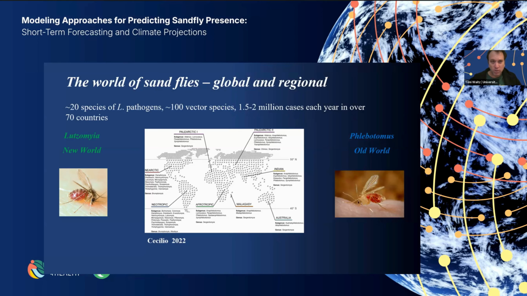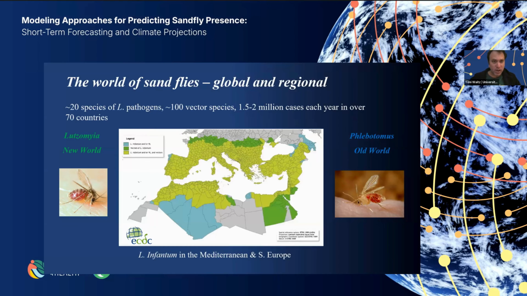We're talking about approximately 20 species of Leishmania pathogens that are being carried by approximately 100 vectors known so far, and around 1.5 to 2 million cases of leishmaniasis each year.